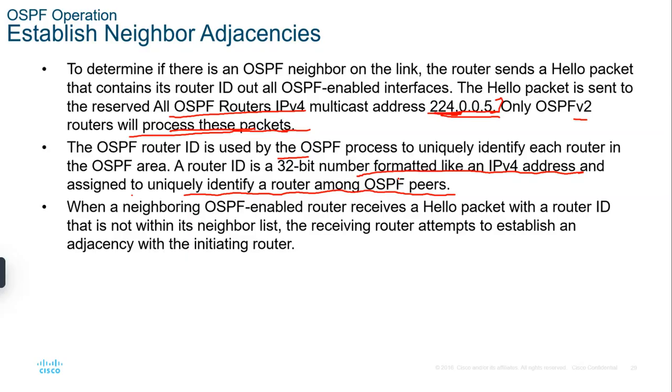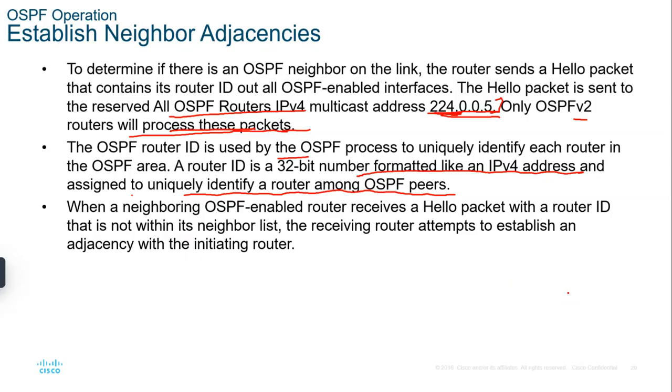So when a neighboring OSPF-enabled router receives a raw packet with a router ID that is not within its neighbor list, the receiving router attempts to establish an adjacency with the initiating router.